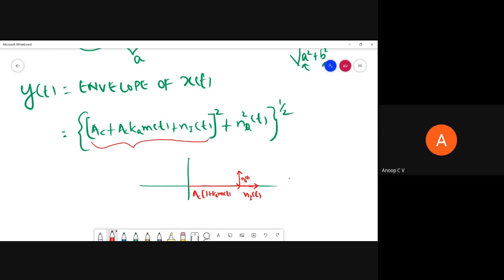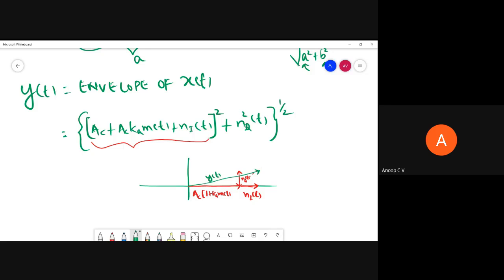So when you are adding these things together, the resultant of ni of t and nq of t will be something like this. I'll use green to draw the resultant. So this is how the resultant y of t will look like.